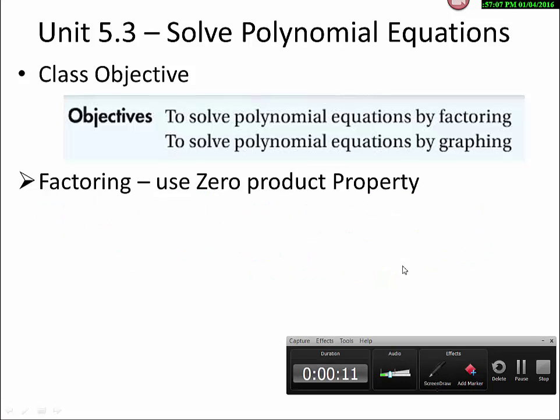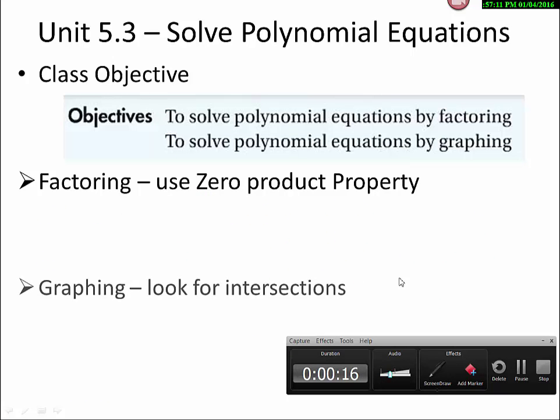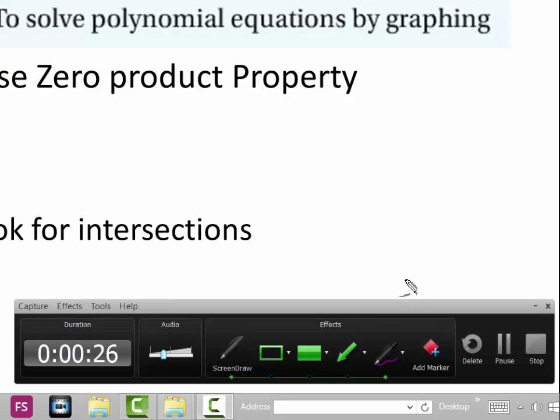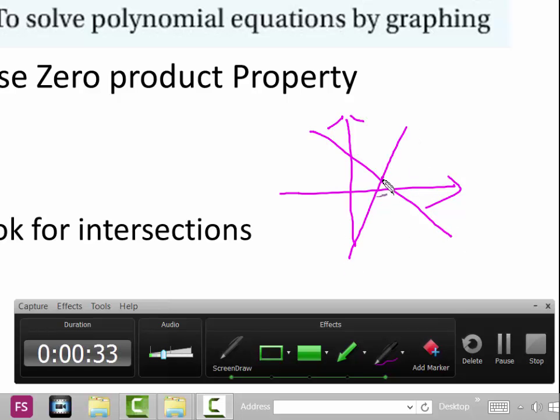The next skill we're going to learn to solve polynomial equations is by graphing. In graphing, we look for intersections of the graph as the solutions for the equations. If you still remember, when we talk about a linear system of two linear functions, the solution is always the what? The intersection point of the two linear functions. Same thing applies to polynomial equations.